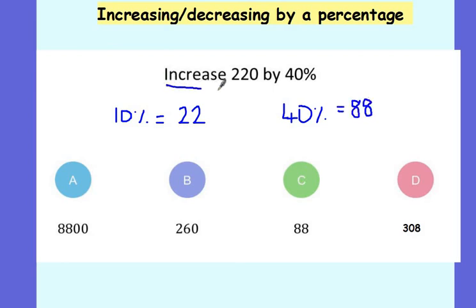I'm increasing 220 by 40%, so I need to do 220 plus 88, which will give me 308, which handily is D.